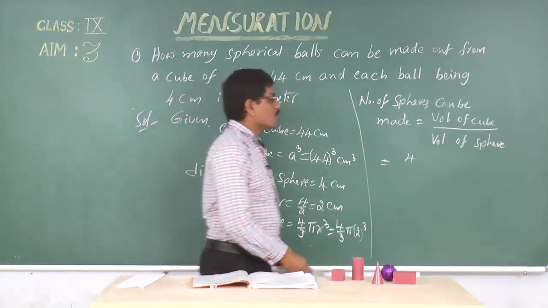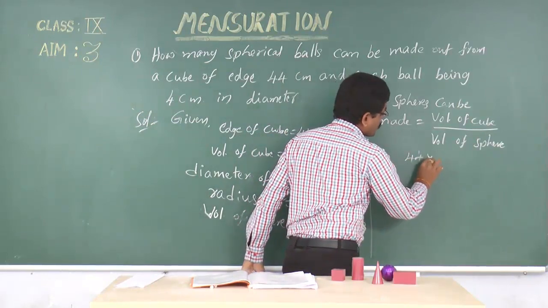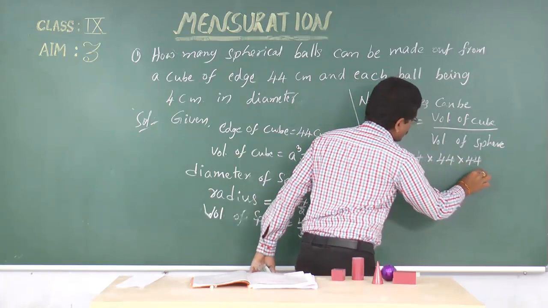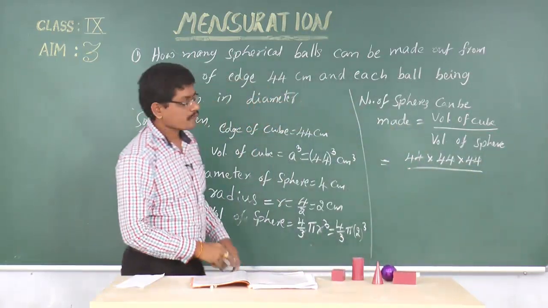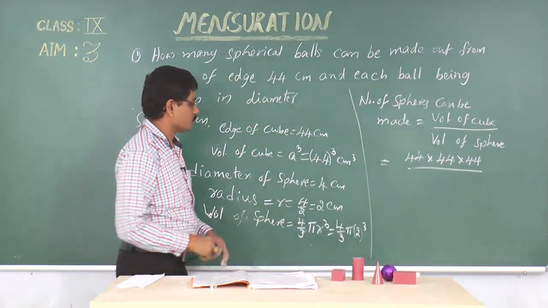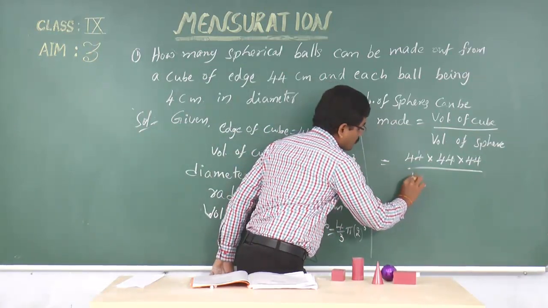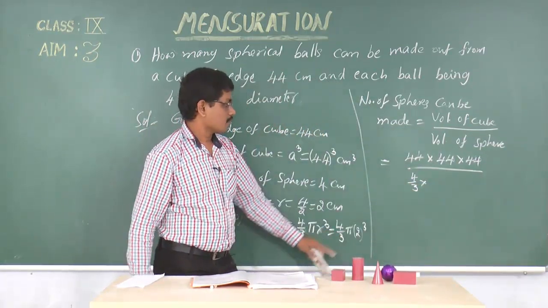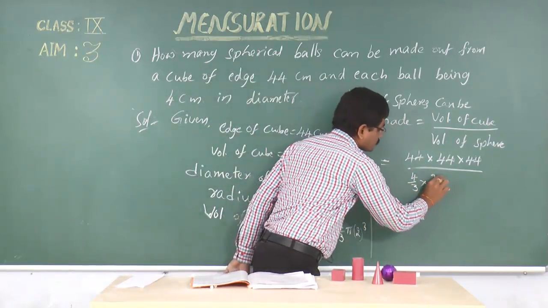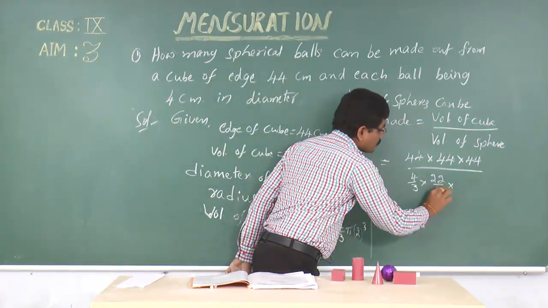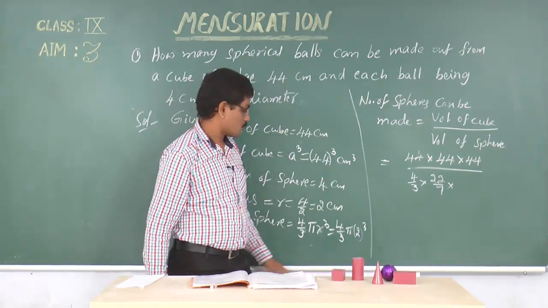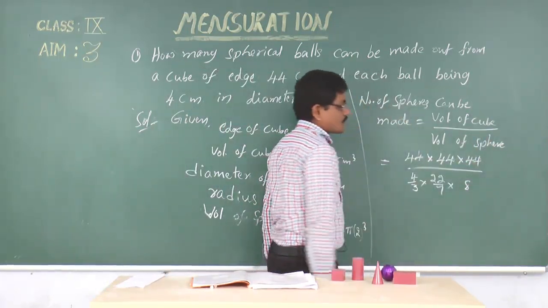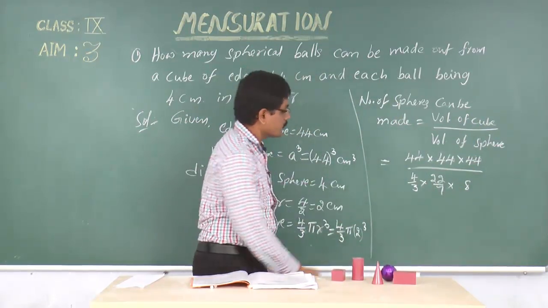That means 44 into 44 into 44 by the volume of sphere, 4/3 into pi, 22/7, into 2 cube, that means 8. Now simplify this.